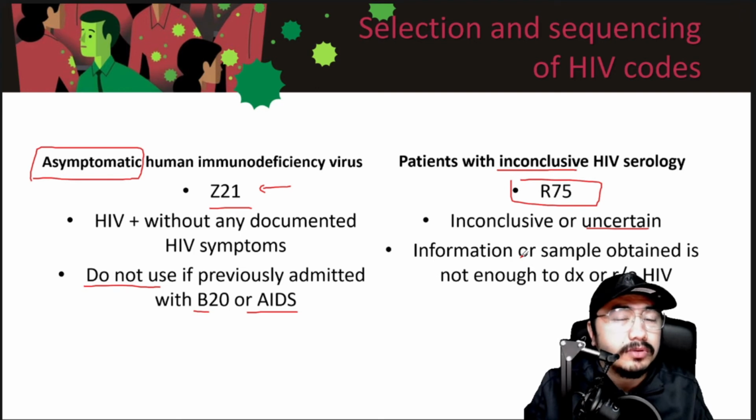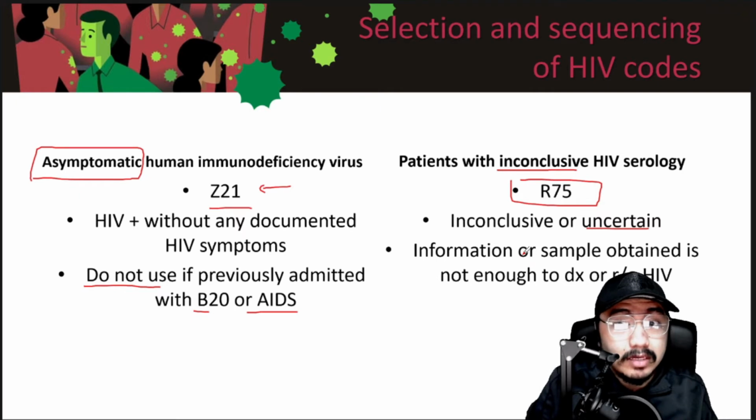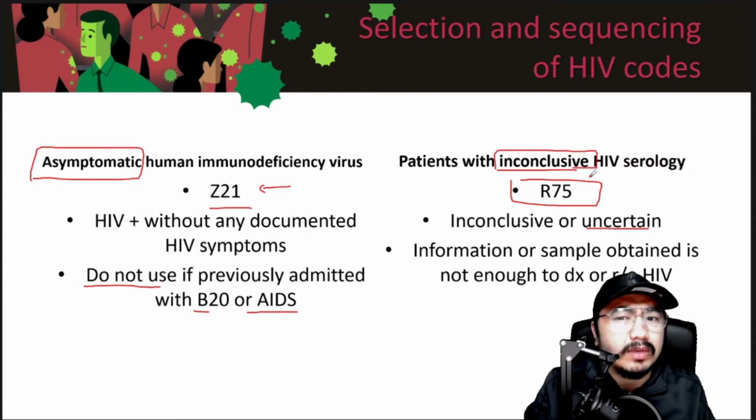So the doctor will usually tell the patient, oh, we need to repeat your exam for HIV. We need to repeat your test so we can finally rule out your HIV. So that's going to be it. Just write R75 and whatever treatment the doctor will be doing for that day. Okay? Look for the word inconclusive or uncertain.